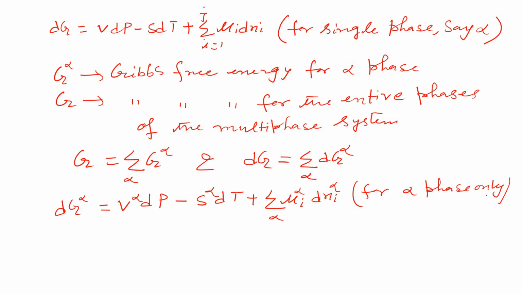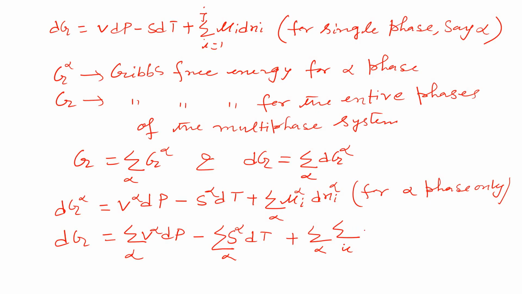Now for all the phases together, where dG is the change of free energy for all the phases, dG will be equal to the summation of V alpha dP minus the summation of S alpha dT plus the summation over all phases alpha and over i of mu i alpha dNi alpha.